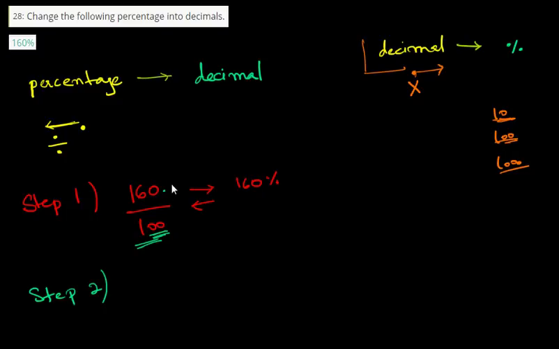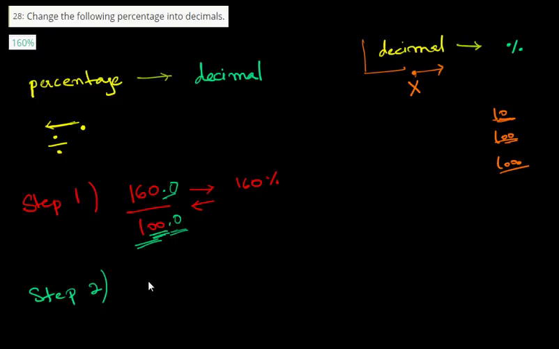So let me just add this. So 160.0 and 100.0, it's exactly the same as 160 over 100. Adding a point and a 0 at the end following the decimal point does not make any difference at all. It is just for our own convenience.